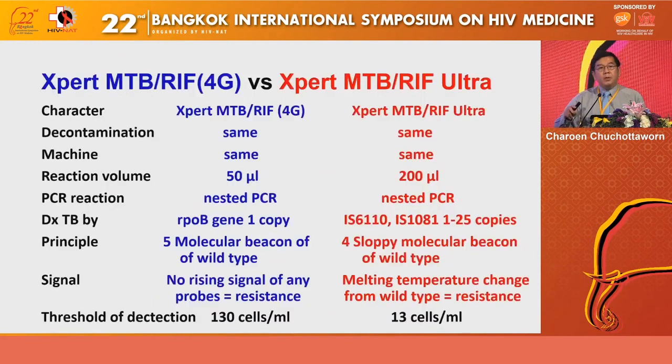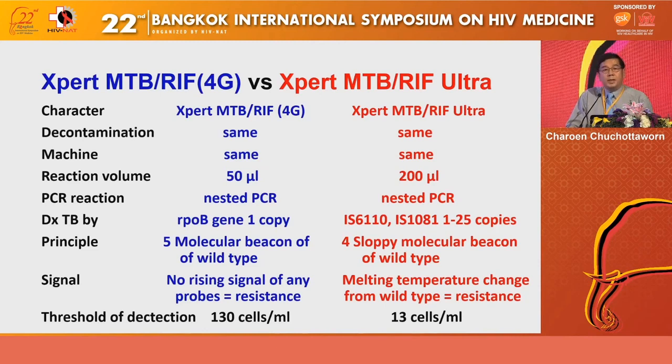Now, currently we use a new version of the Xpert, the Xpert Ultra. I compared the Xpert generation 4 and the Ultra that we use now. The reason they developed the new Ultra is that the generation 4 Xpert cartridge had limited sensitivity.